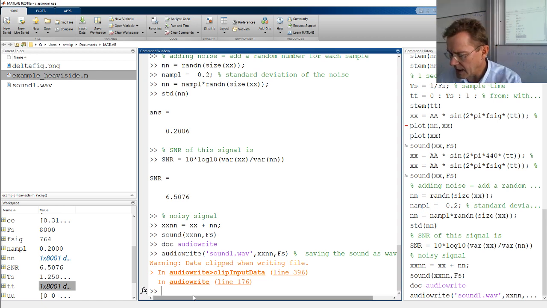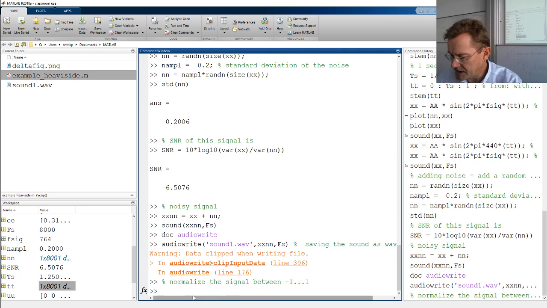okay, we will normalize the signal. The easiest way of doing it is xxnn equals xxnn divided by the maximum of the absolute value of the signal.